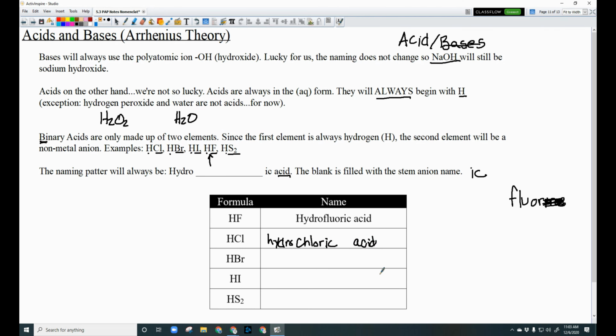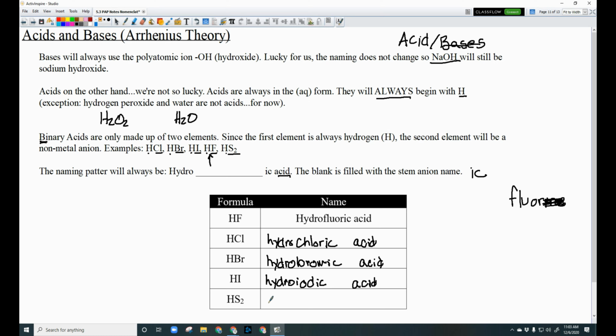Hydrogen and bromine, it's going to be hydrobromic acid. HI: hydro, iodine, hydroiodic acid.